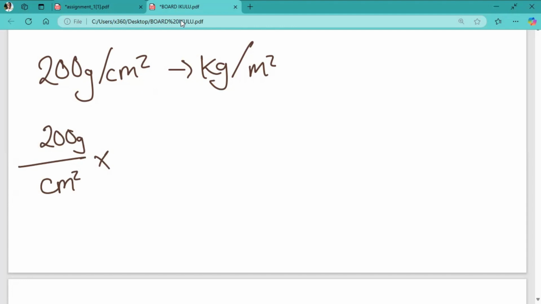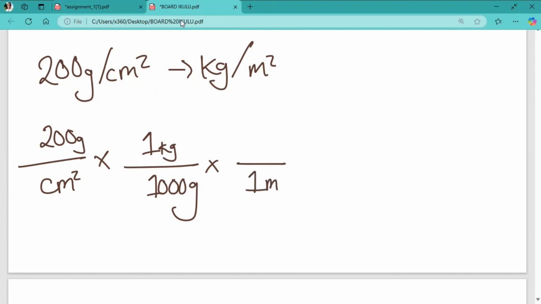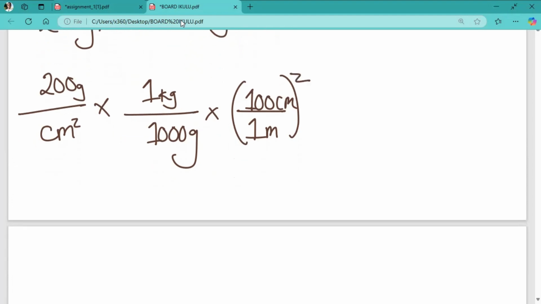So what are we going to have? 1 kilogram, which is equal to 1000 grams, multiplied by, we have centimeters to meters, so 1 meter, which is equal to 100 centimeters. The centimeter is the one with the square power, so we're going to introduce our power to that conversion factor.